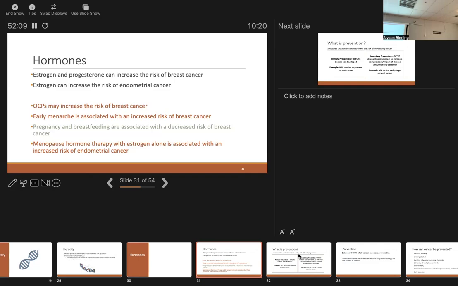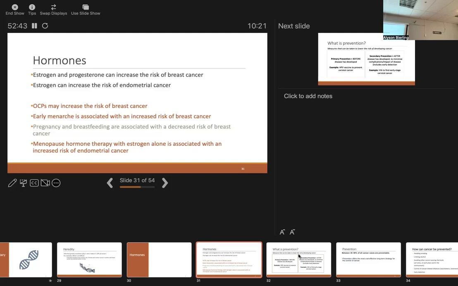The reason for that is somebody who had an early period, over time throughout their lifetime, is going to have more periods, which means more exposure to estrogen and progesterone. So that is why there is some link between early periods and development of breast cancer. Similarly with OCPs, oral contraceptives, more exposure to estrogen and progesterone is going to increase that risk.